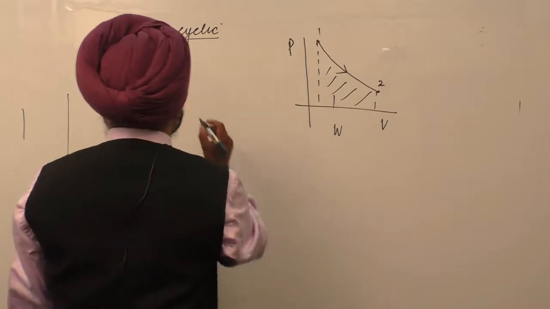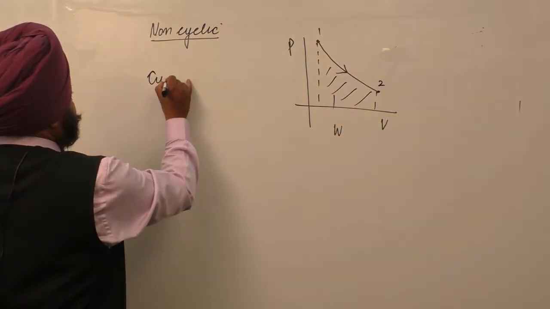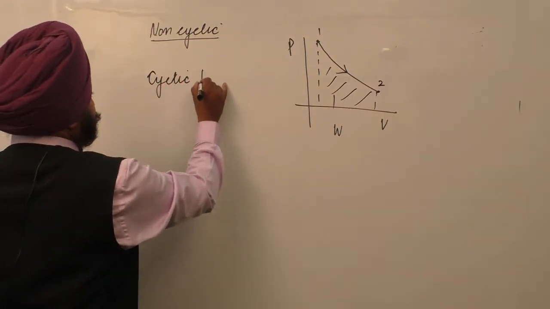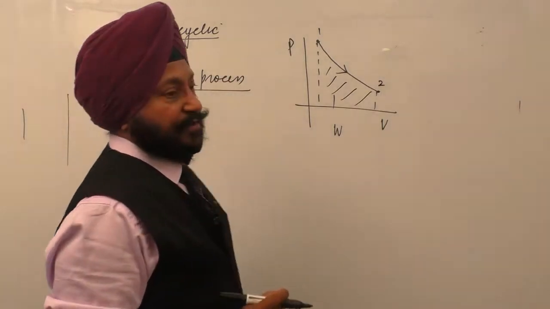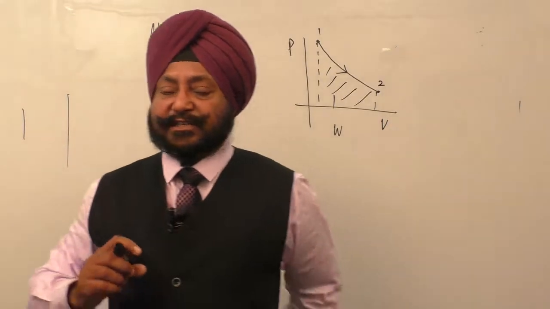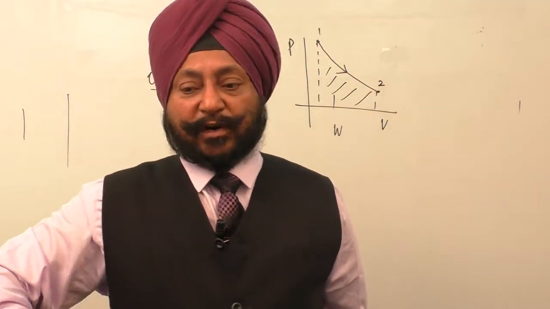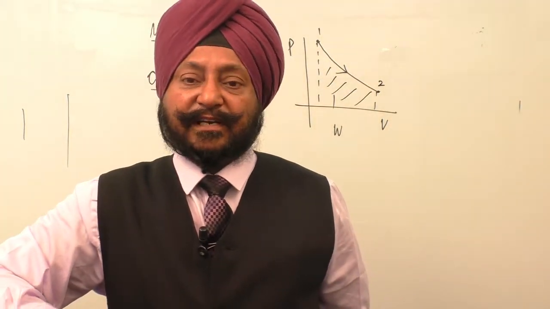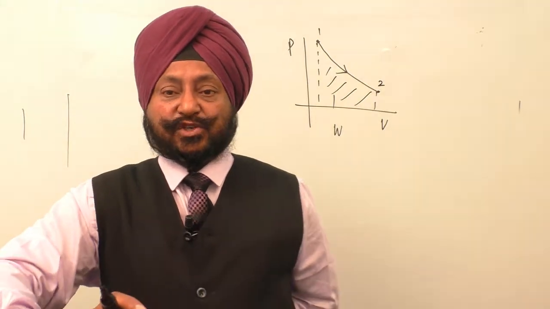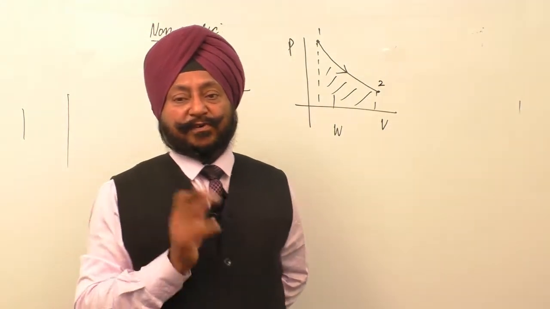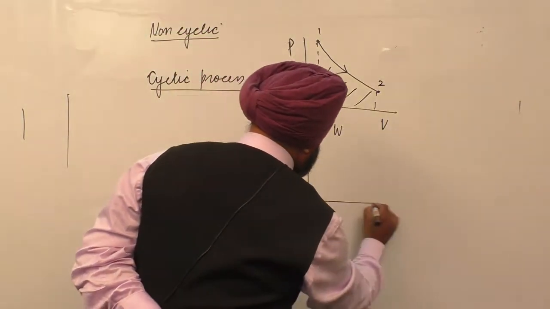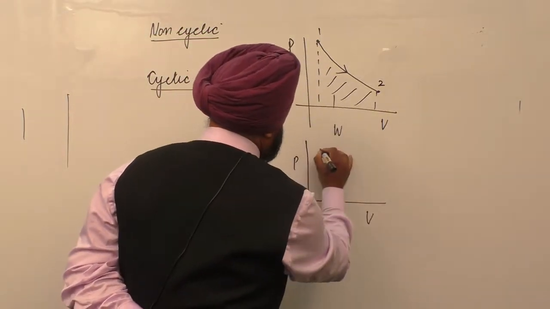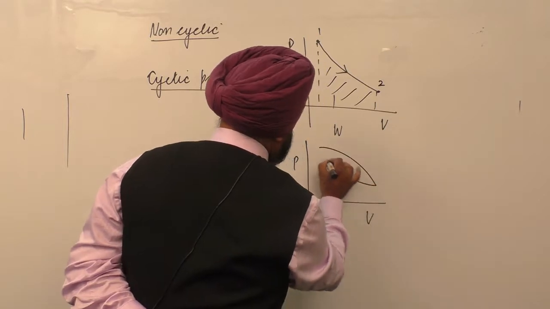Now when you talk about the second process, which is called a cyclic process, in the chapter called work, power, energy, we found that if a body is moving along a circular path, the work done comes out to be 0. But this is not the case in thermodynamics. In thermodynamics, if I draw the PV graph for a cyclic process, I will have something like this.